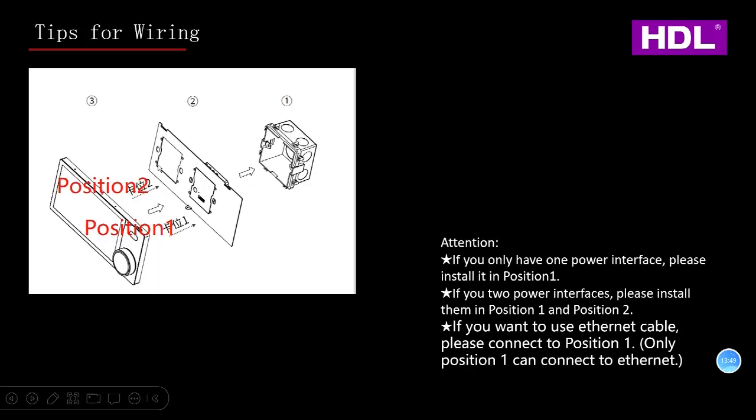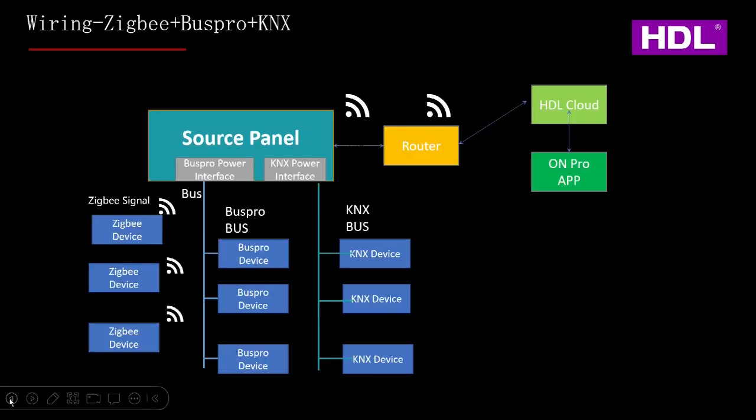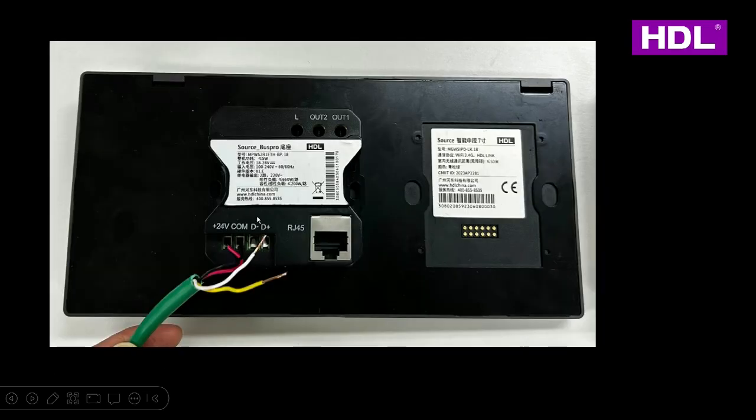And if you're making wiring, if you want to use Ethernet cable, please connect to position 1. Only position 1 can connect to Ethernet. You can see, this is position 1 and this is position 2.